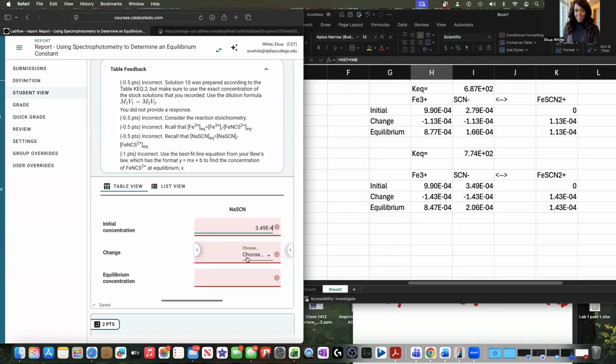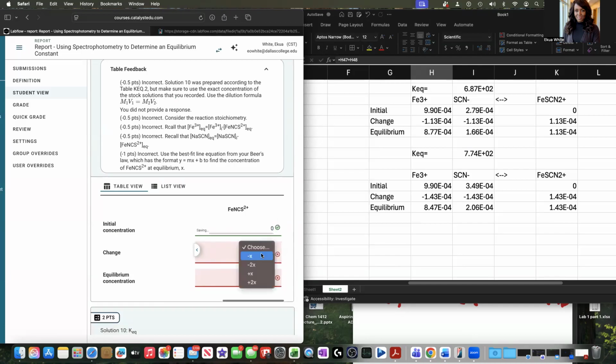This is minus x. 2.06 exponent -4. This is going to be 0 plus x. 1.43 exponent -4.